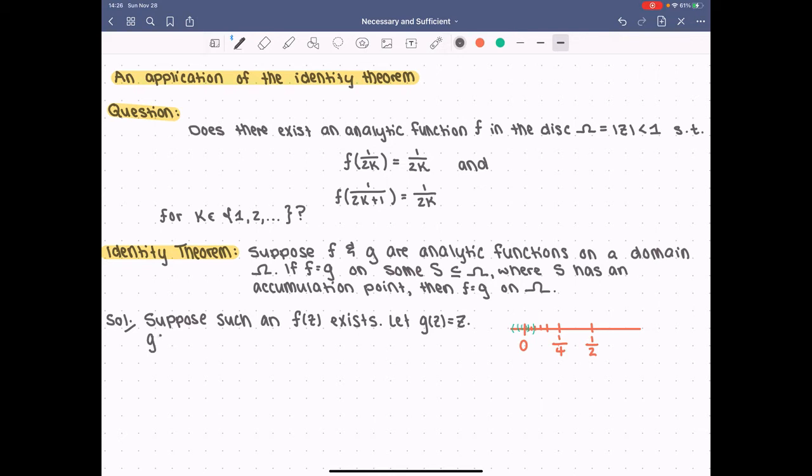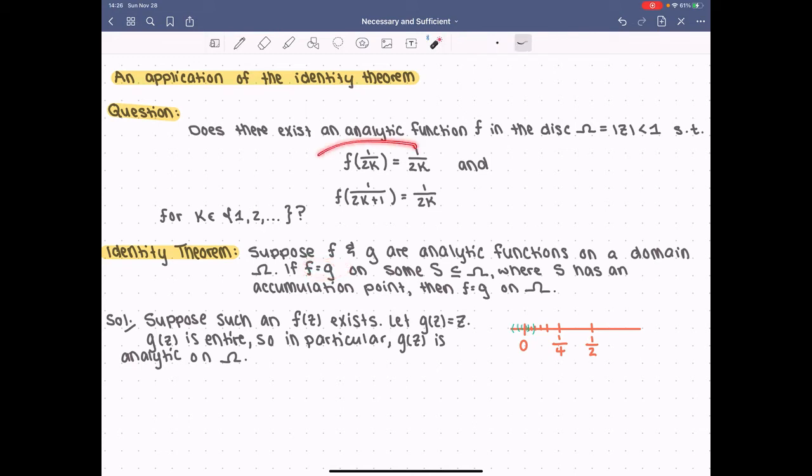So g of z is entire, so that means analytic on all of C. So in particular, g of z is analytic on omega. And we also need that f and g agree on this set which contains a limit point.